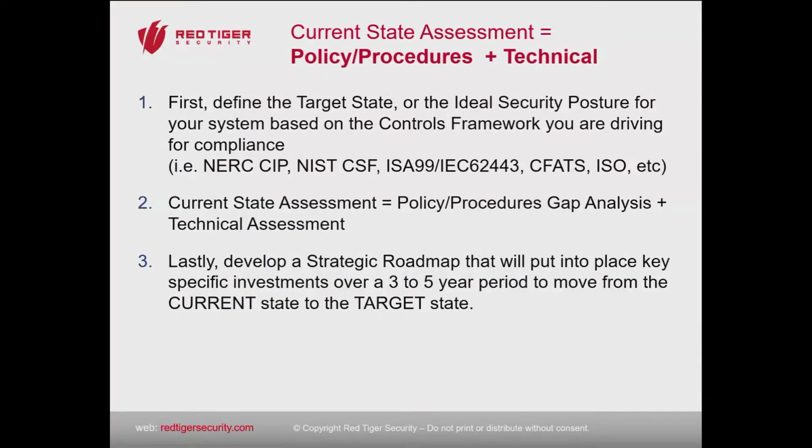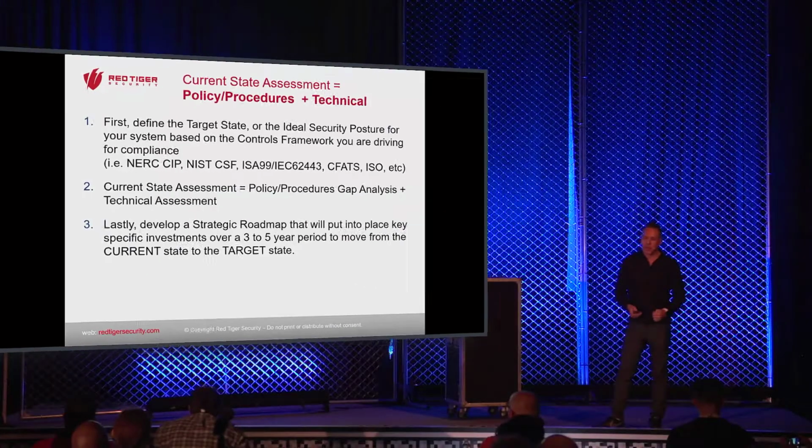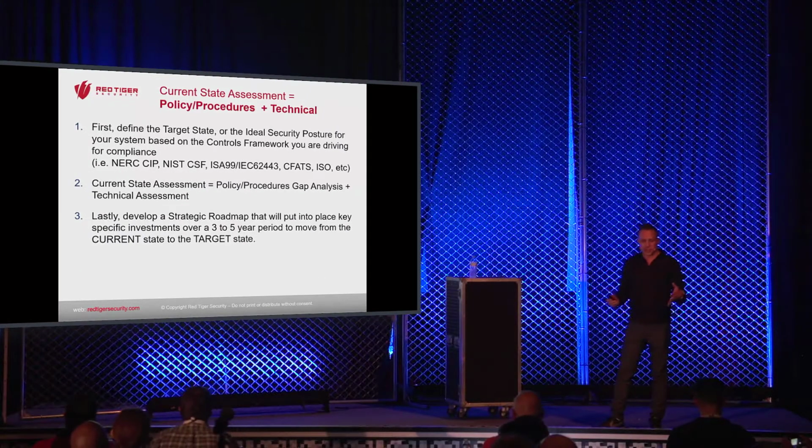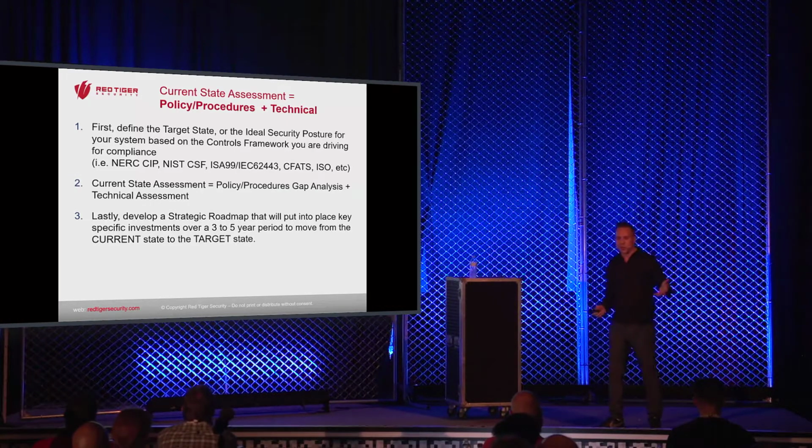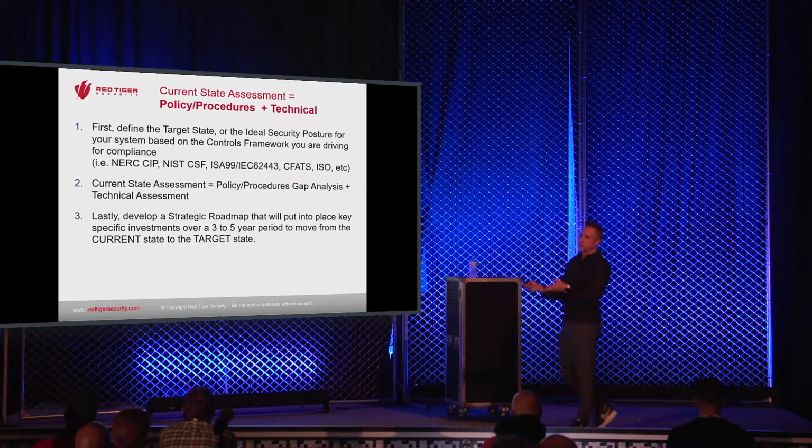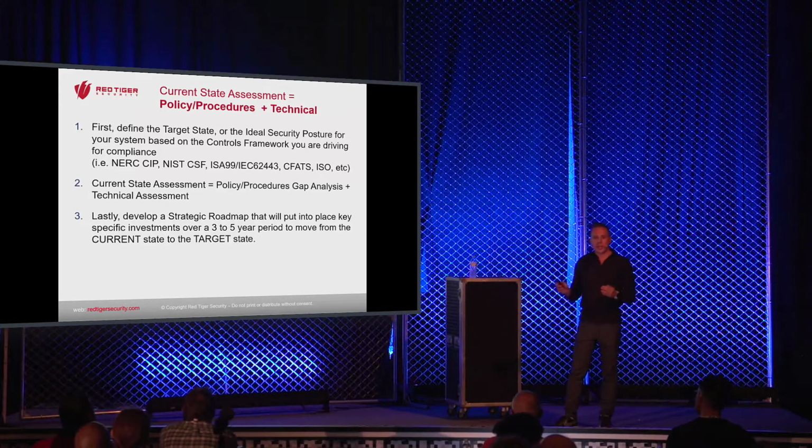And the current state should include the risks or gaps in the policies and procedures, and the gaps and vulnerabilities determined through the technical assessment. And when you look at the risks that are identified through both, you can boil that up into a strategic roadmap that will give you the right guidance to where you should be spending your time and attention.